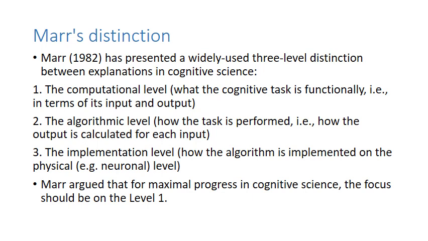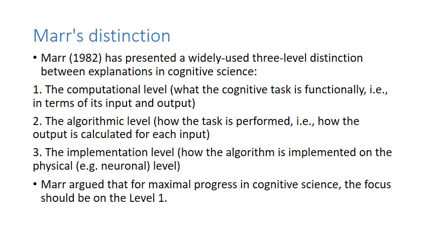Then there's the second level, the algorithmic level, where we study how the task is performed, that is, how the output is calculated for each input. And then there's the third level, the level of implementation, meaning how the algorithm is implemented on the physical level. Usually this would mean the neuronal level in the brain.